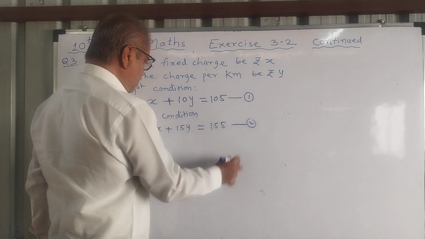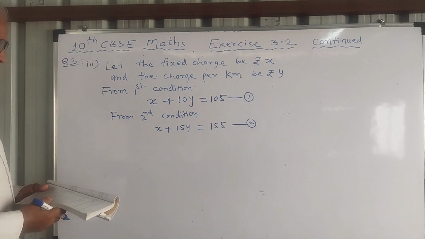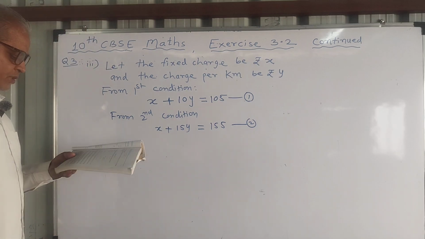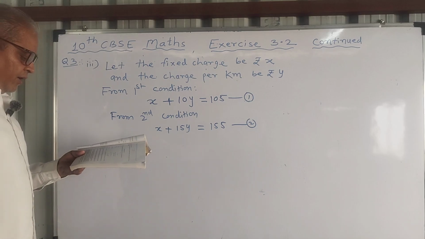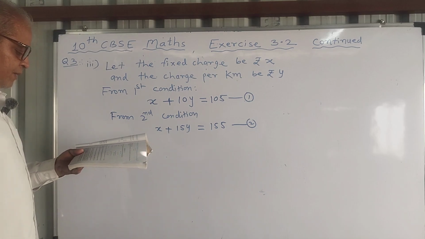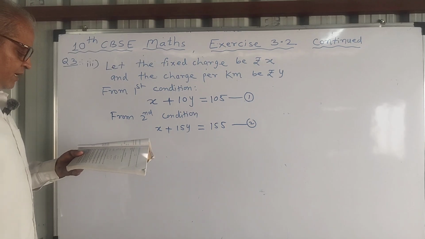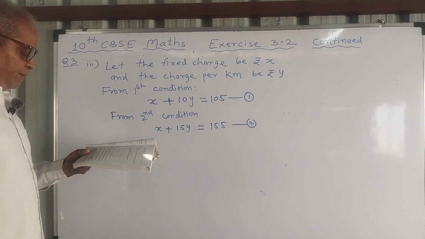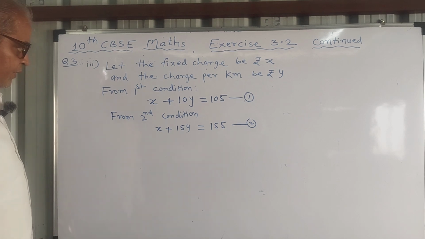Equation number 2. Now consider any equation and solve by substitution method. Again confirm the equations: for 10 kilometers it is x plus 10y is equal to 105, and for 15 kilometers it is x plus 15y is equal to 155.